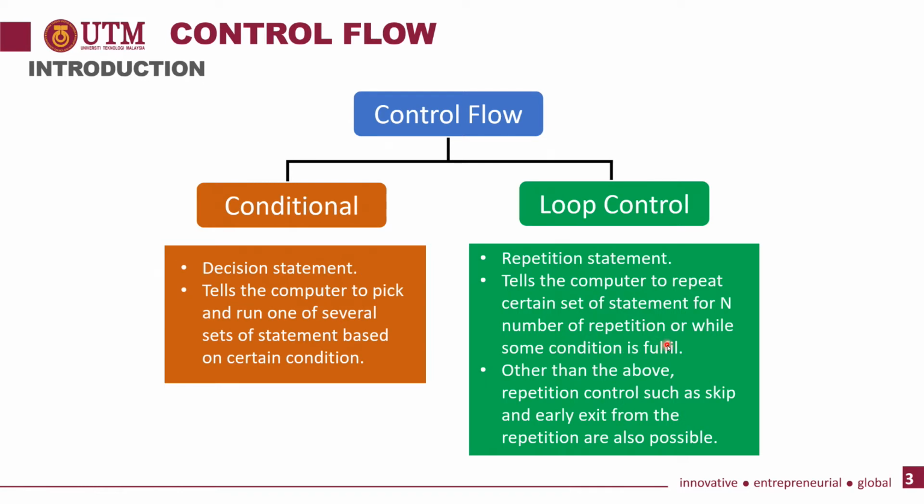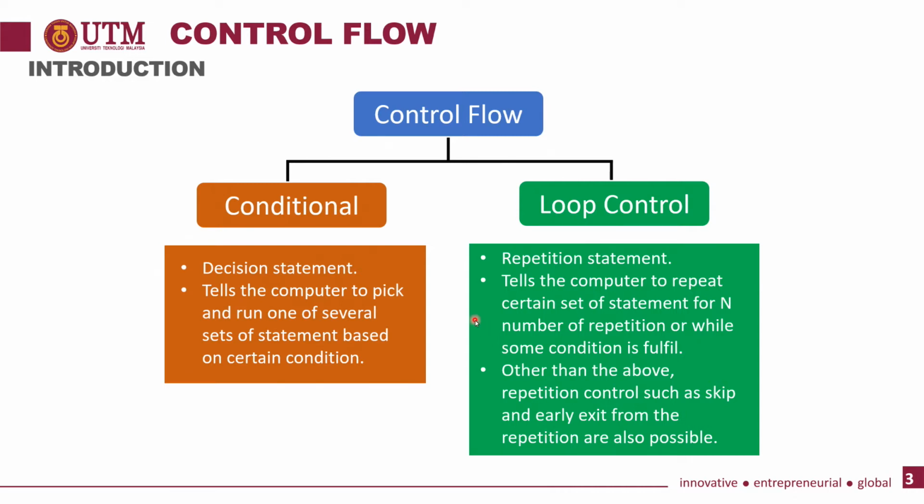So it will keep the same process again and again until n number of repetitions or until some condition has been fulfilled. Other than the above, repetition controls such as skip and early exit from the repetition are also possible. For example, if you are inside the loop, but at one time you want to skip or exit, you can do that.